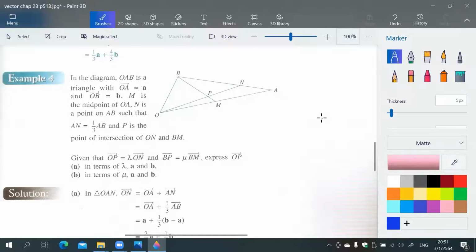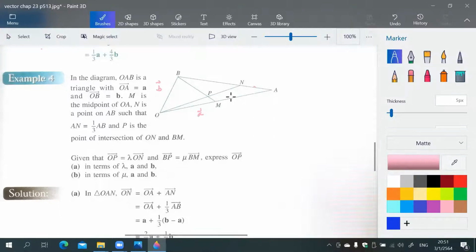In the diagram, OAB is a triangle with OA equal to vector A and OB equal to vector B. M is a midpoint of OA.